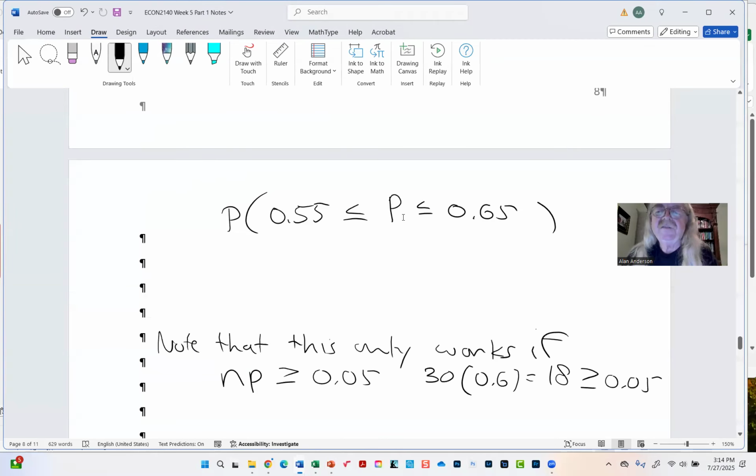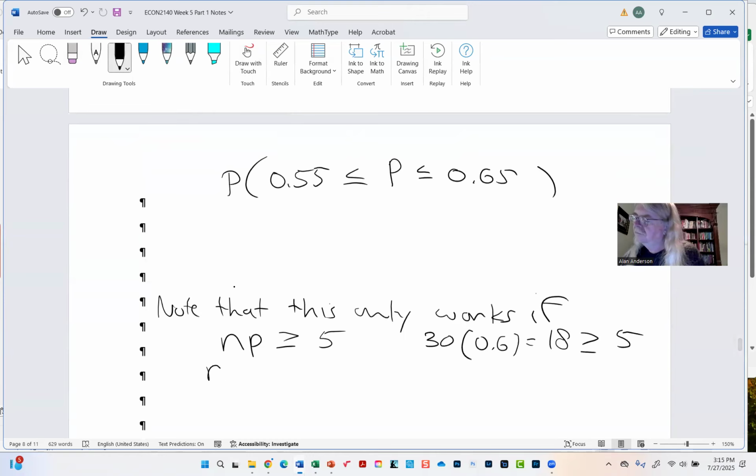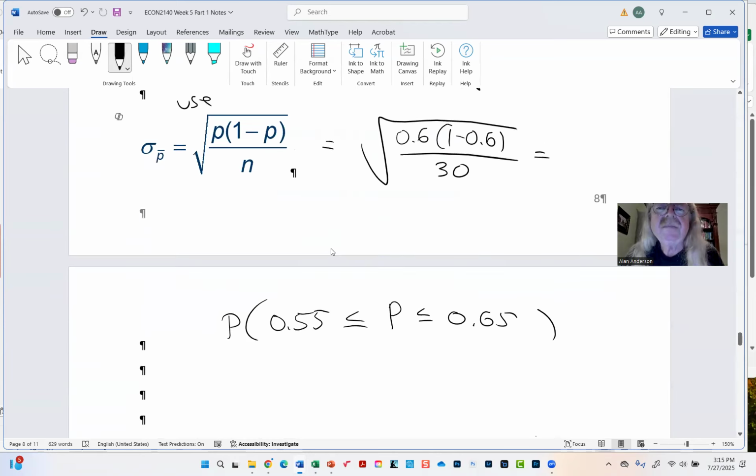Not 0.05, 5. And then the same thing has to be true for N times 1 minus P. Okay, so we're good here, and so we keep going.